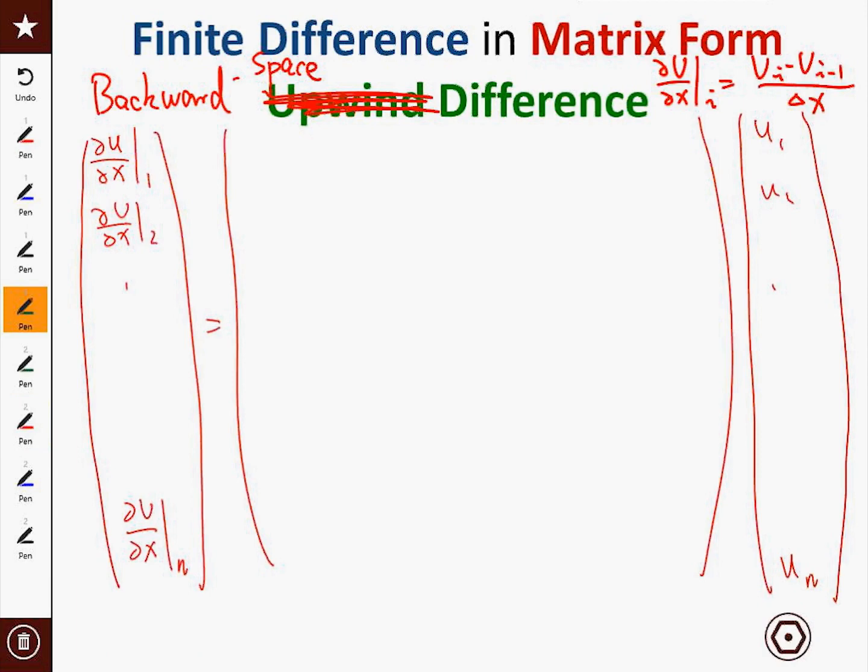All right, somebody help me fill in the blanks of a million by million matrix. Doesn't take that much time to fill in, actually. What is the first top left entry? 1 over delta x. It is no longer 0, right?